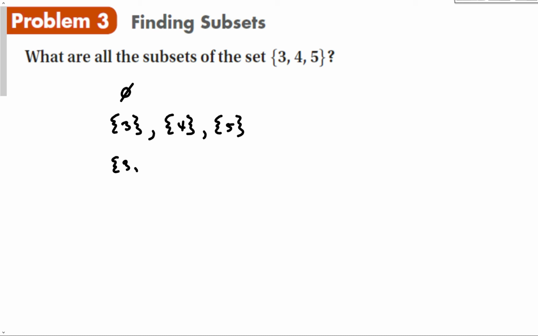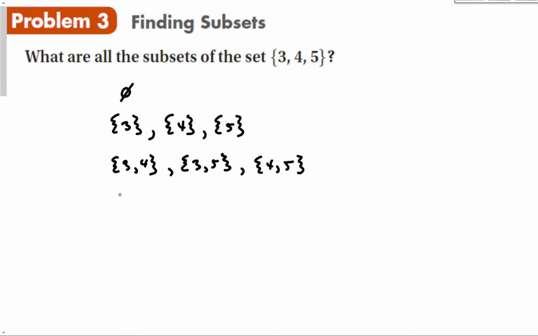So that's 3 and 4, 3 and 5, and 4 and 5. It's not a different set if you write them backwards, and mostly you should be writing sets in numerical order.